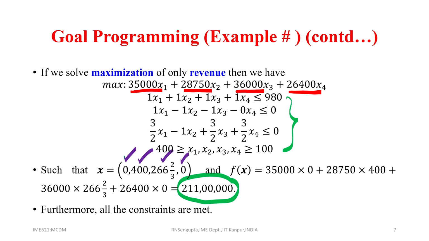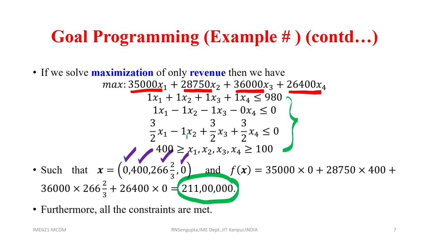The total functional value for the revenues comes out to be 211 lakhs. Now, let us double check that the constraints are being met. So, 400 plus 266 and 2/3 is less than or equal to 980, perfect. Then the second one is also being met, because the first variable x1 is 0, so minus 400 minus 266 and 2/3 is less than or equal to 0.